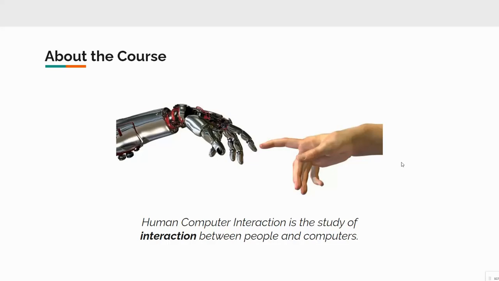Because if a product is poorly designed, people will not use that product. So in the business sense, it cannot be marketed, people will not buy it. Okay? So, meaning the company will definitely not be happy when that happens.